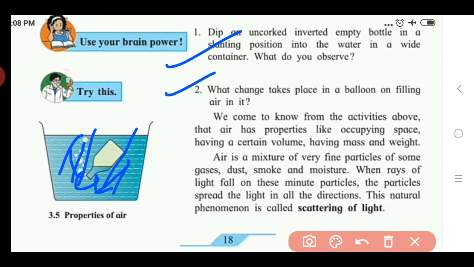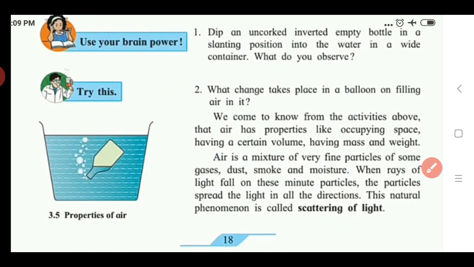So here if we see why this happens, because what is air? Air is a mixture, here we know that air is a mixture of very fine particles, means very small particles are present in the air in the form of gas, dust, smoke and moisture. So all these types of particles are present in the air, and when rays of light fall on these minute particles, what happens?